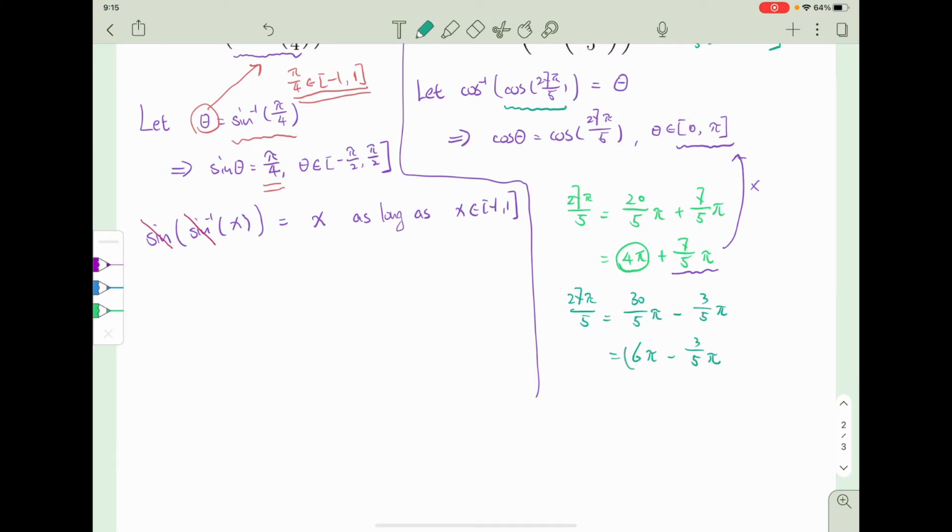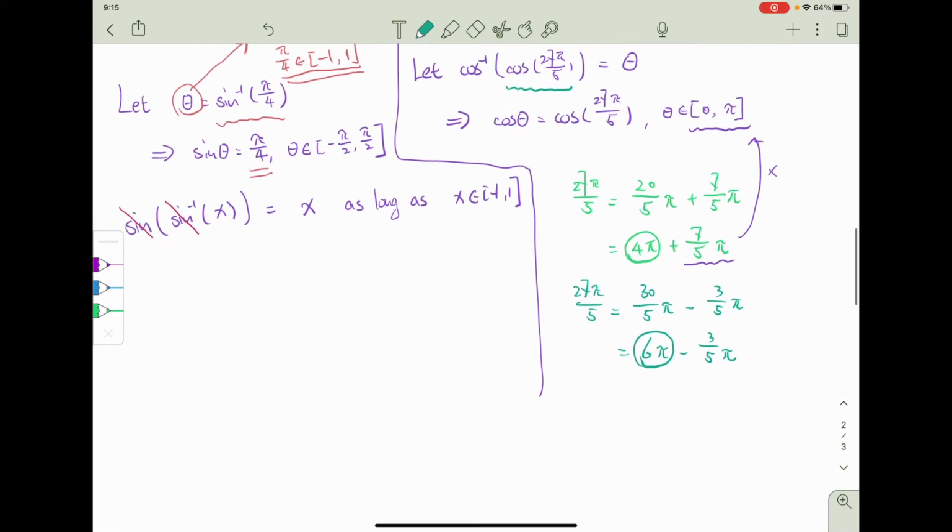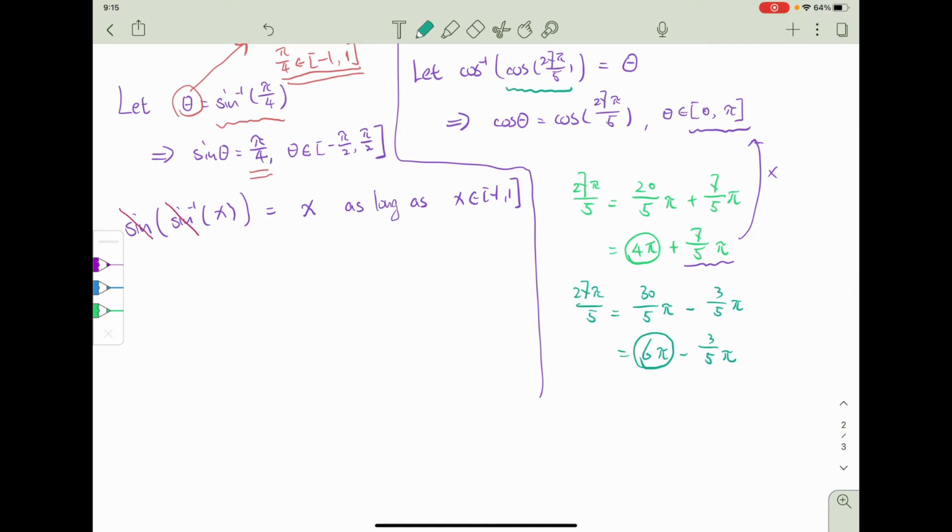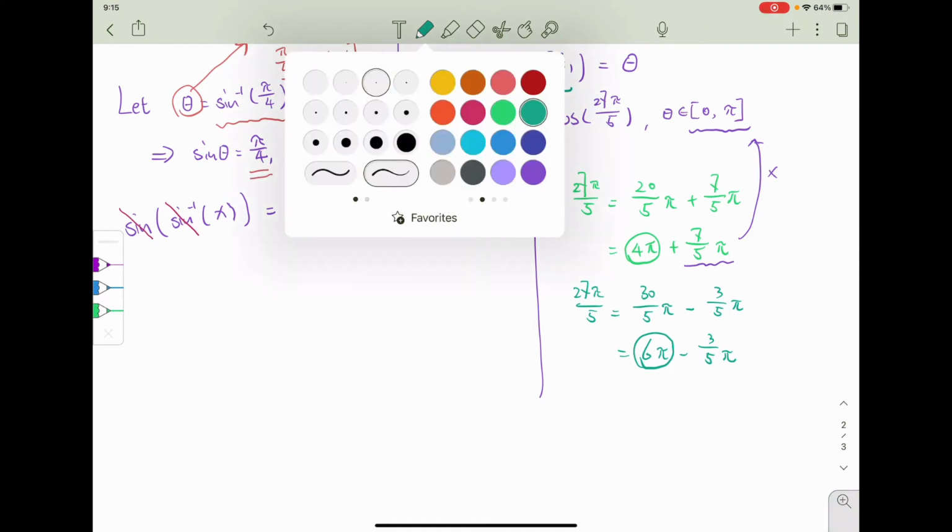And 6 pi here is a multiple of 2 pi, right? So we can just ignore it. It's still a period. But for our angle here, it becomes negative, right?